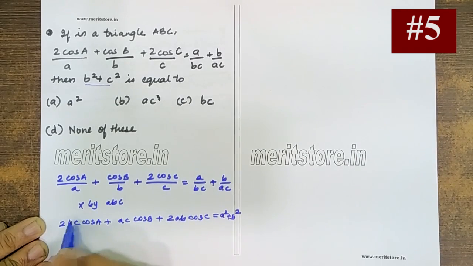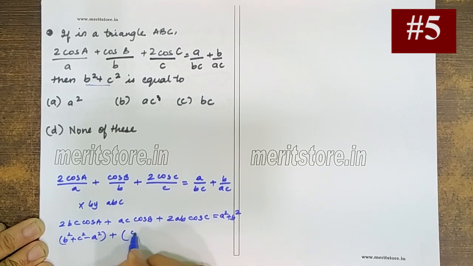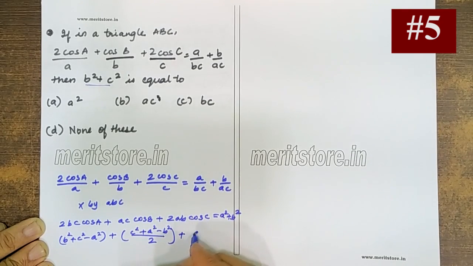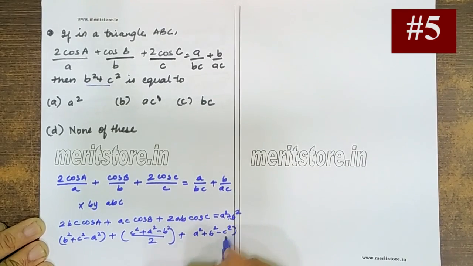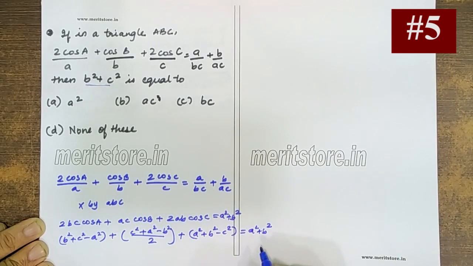Now by applying cosine rule, you will get B square plus C square minus A square plus C square plus A square minus B square the whole upon 2 plus A square plus B square minus C square is equal to A square minus A square plus B square.